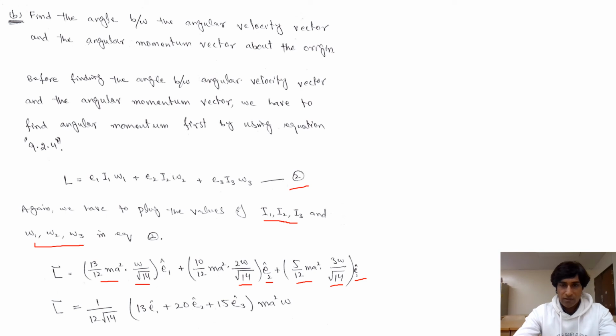I think it is not prominent, so let me write it again. So this is E3 unit vector. After simplification we have L, the angular momentum, equal to 1 divided by 12 square root of 14 into 13 E1 unit vector plus 20 E2 unit vector plus 15 E3 unit vector, times ma square omega. In this case this is not omega square, this is omega.